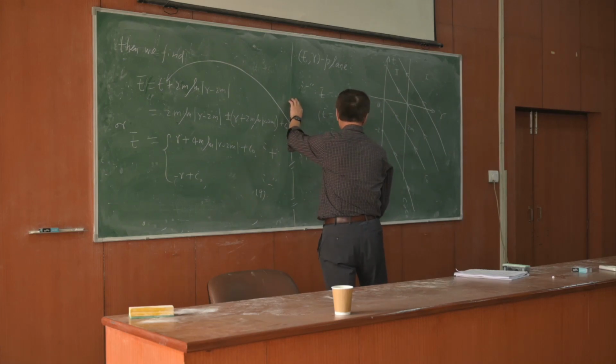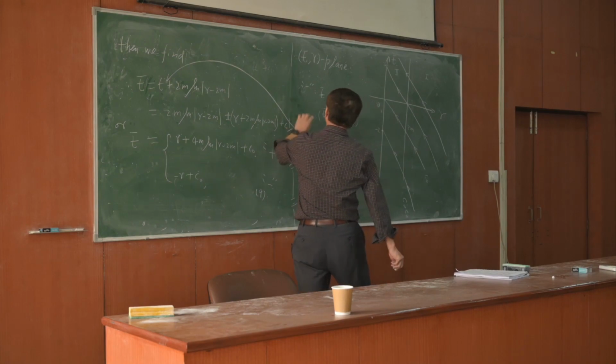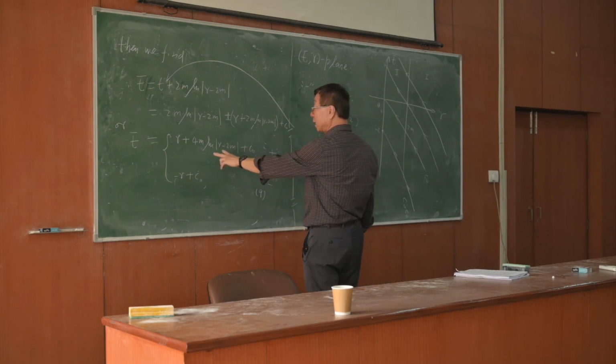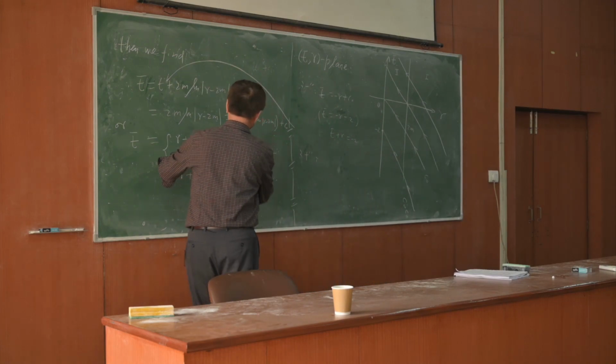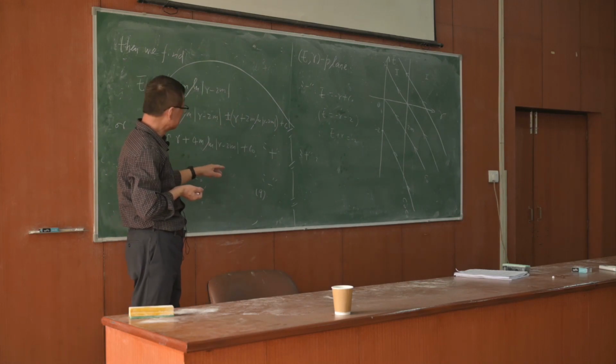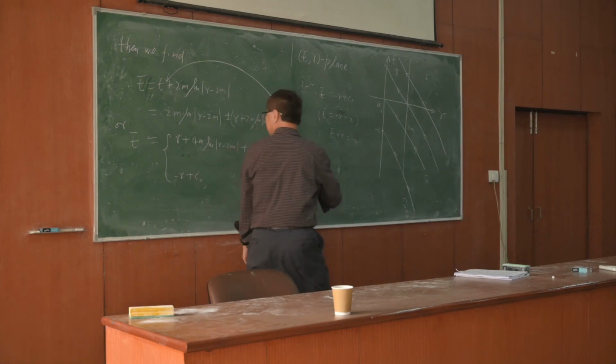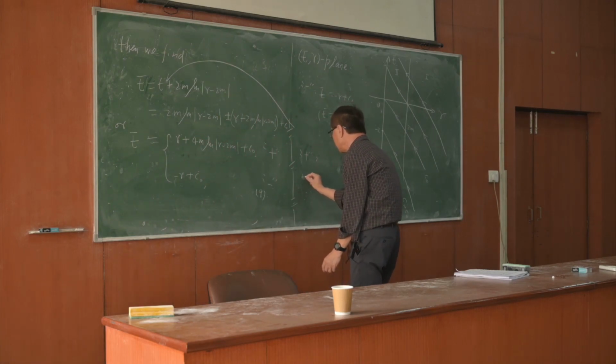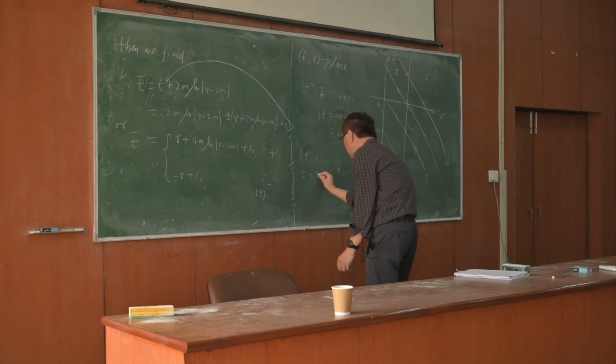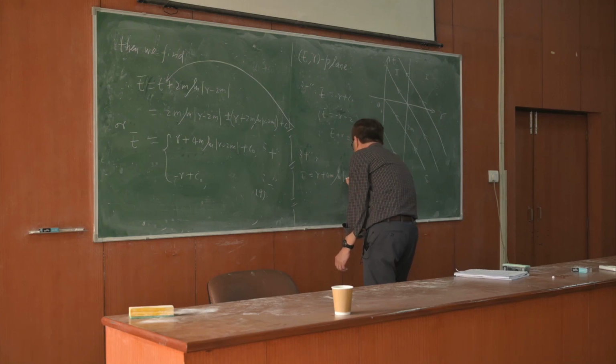Plus sign, this is the case. Let's use this. First, consider inside the black hole. Inside the black hole, let's write here, T bar equals R plus 4m log of the absolute value of R minus 2m, plus C0.